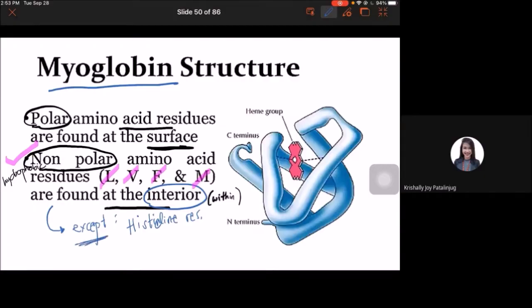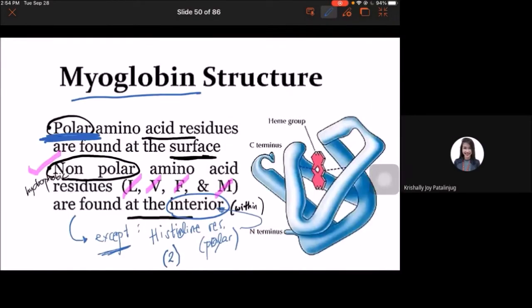Ito yung exception. Particularly, merong dalawang histidine residues na makikita sa mismong interior portion ng myoglobin. Supposedly, polar sila. Ano yung general knowledge natin sa positioning ng polar and non-polar amino acids? Dapat polar in general nasa surface. Pero yun na nga, exception ito. Histidine residue, that is polar, kasi that is a basic amino acid.